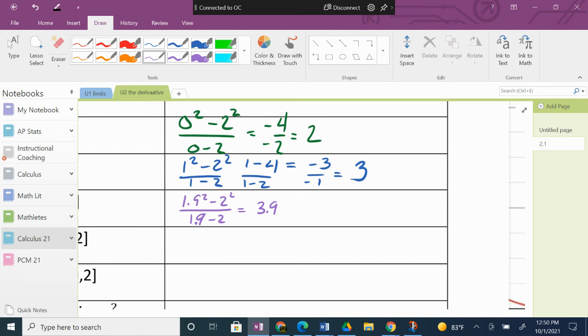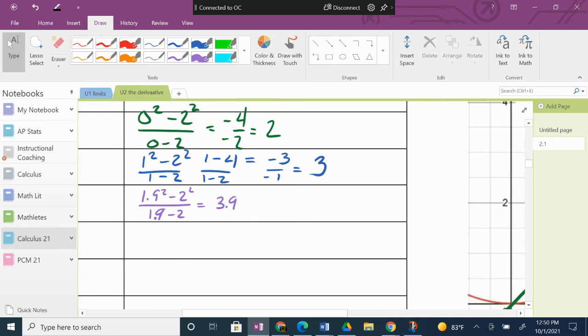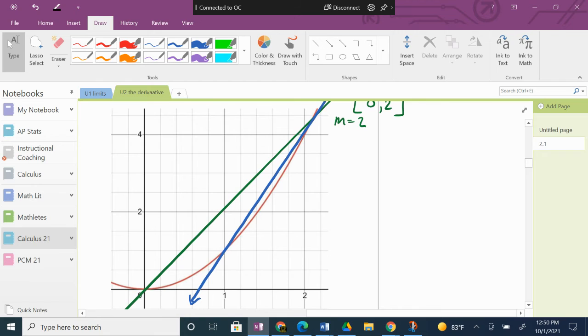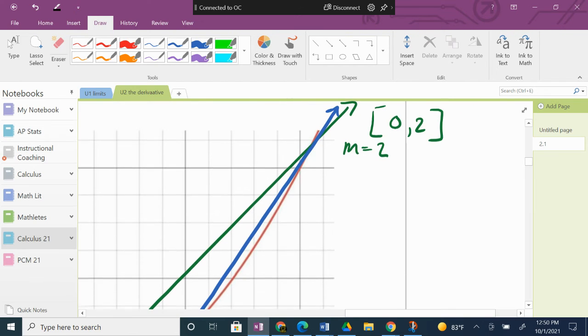So again, looking at the graph. Where's 1.9? Well, 1.2, 1.4, 1.6, 1.8. So we're really looking at 1.9 would be like right here to there.